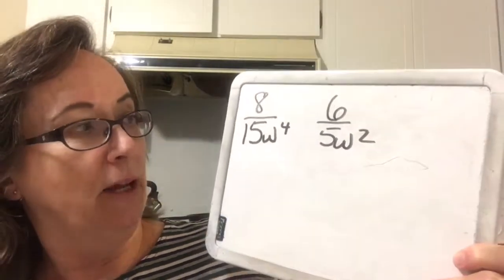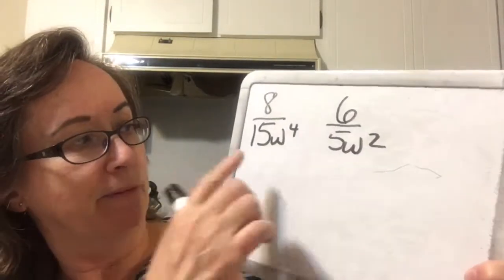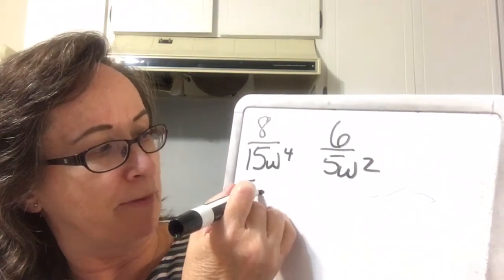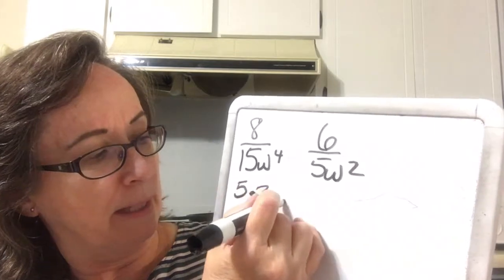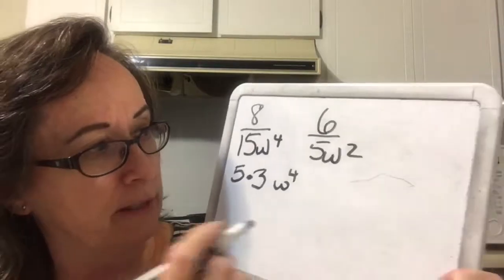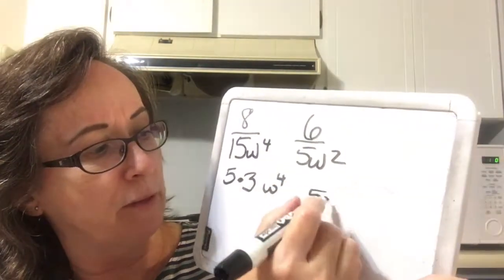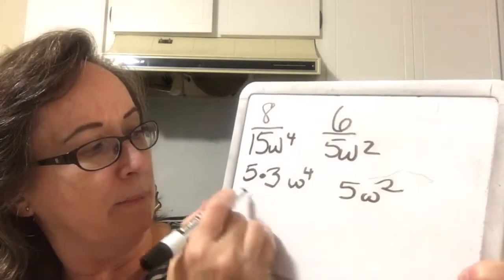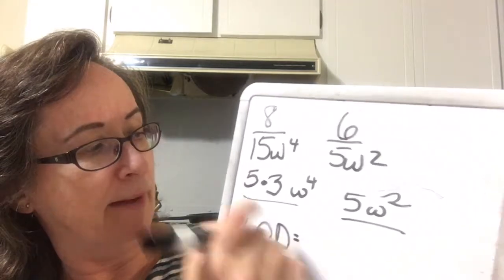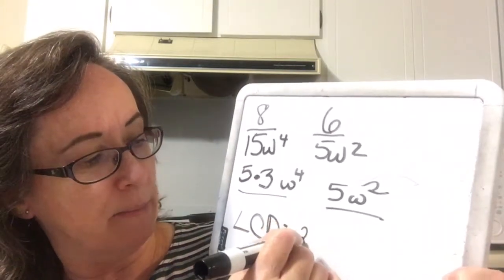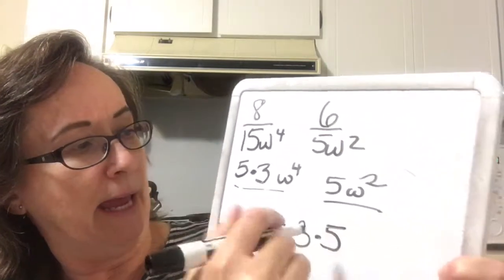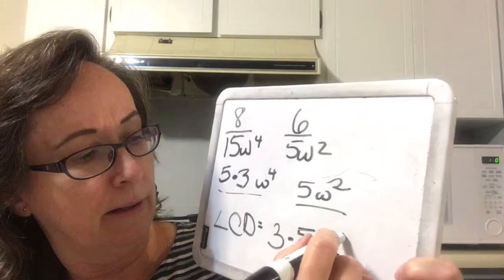And in this one, if I were going to prime factor this one, I usually just prime factor the numbers because, of course, w to the 4th is w times w times w times w. That's already factored. And then 5w squared. So when I am going to make my LCD, it is going to have a 3, because that's the smallest factor, times a 5, and a w to the 4th.